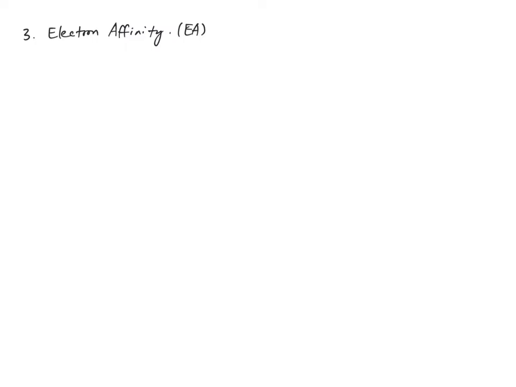Ionization energy is the energy that is needed to remove electrons. So when you take electrons away from a particle, atoms or ions, you need to use energy.